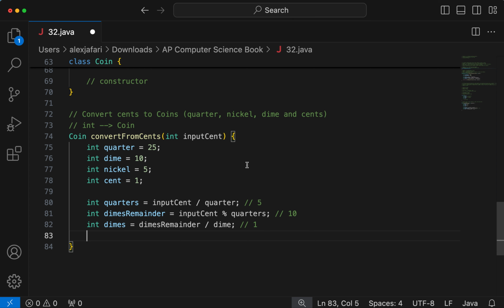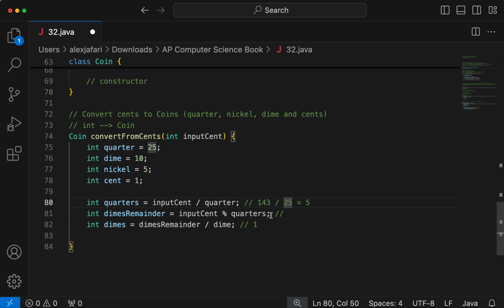So let's think of a different example. Can you give me a different input cent? Let's say 143. So it's going to be 143 divided by 25, which is going to be what? 5. Yeah, it's not going to be exactly 6. Exactly. So it's going to be 5.